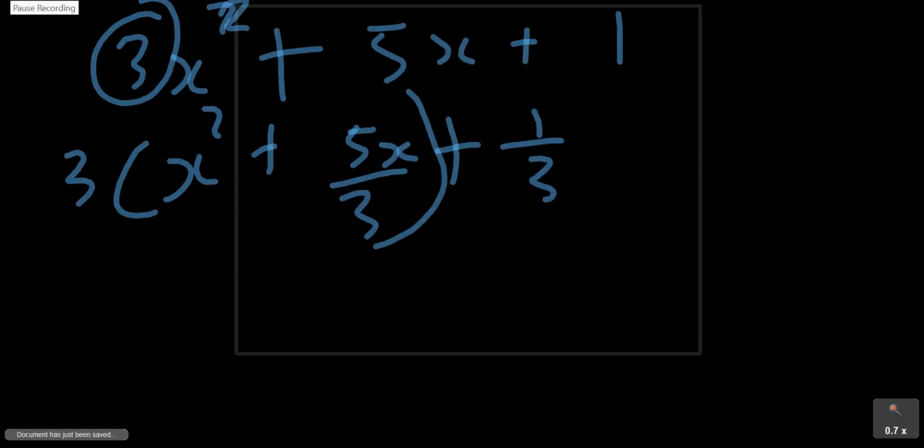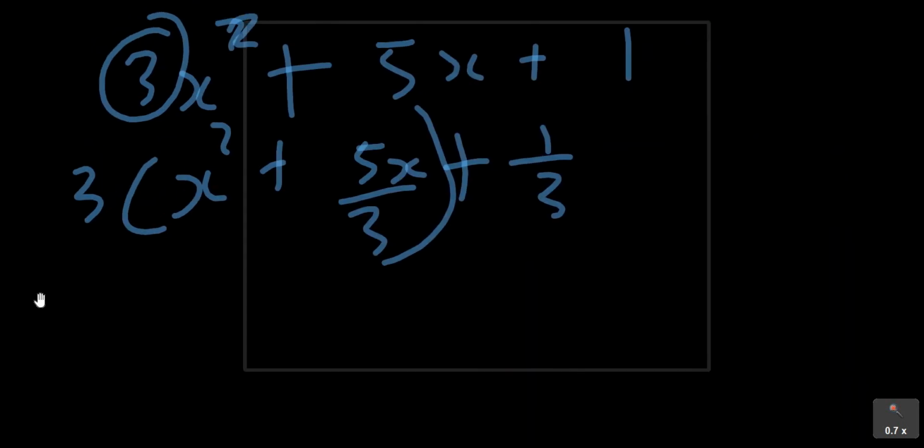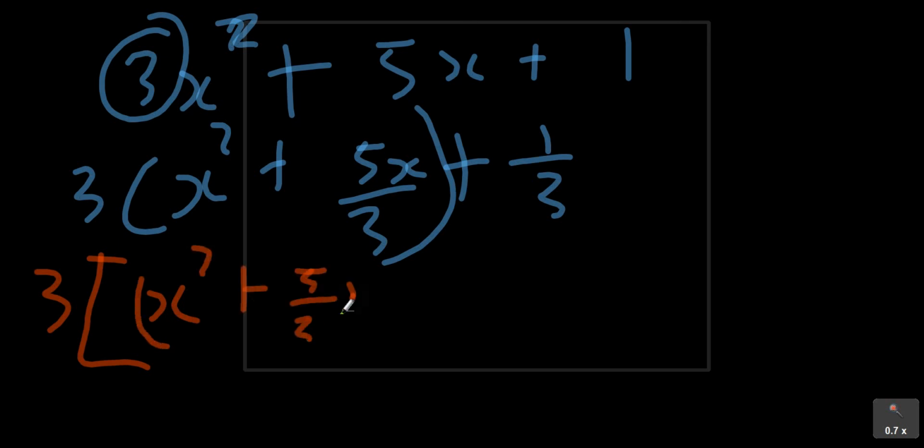So here we go, writing it now. We have 3 outside, put this bracket there, x squared plus the same fraction, and we add 25 over 36, close bracket.